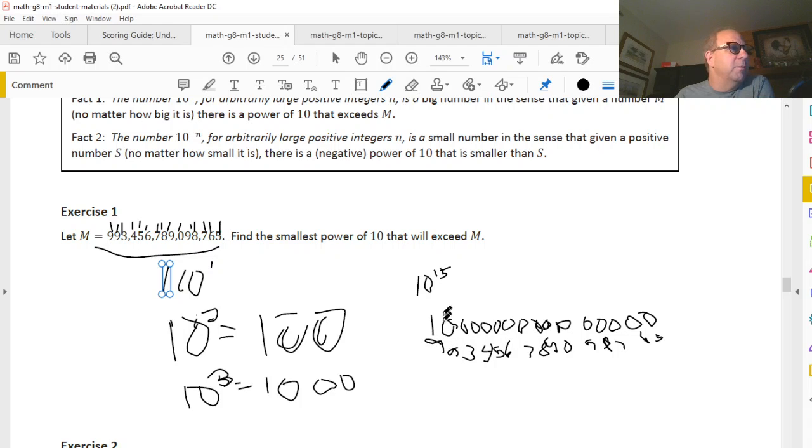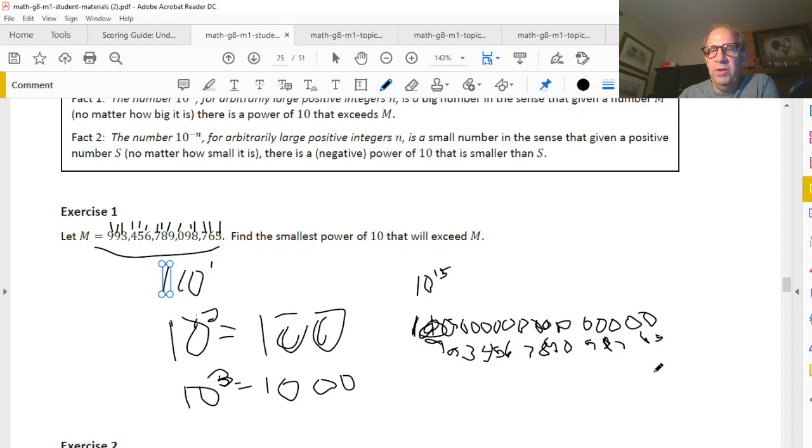So we've got to be one more bigger than all of that. I was just double checking my numbers. 10 to the power 15 would be 15 zeros and then 10. So it's 10 with 15 zeros on it. So this is 15 numbers, and we've got one extra digit just past that.